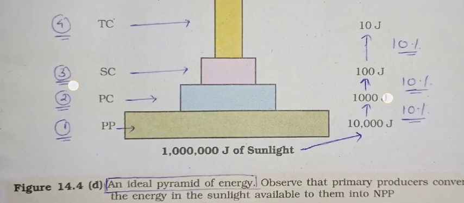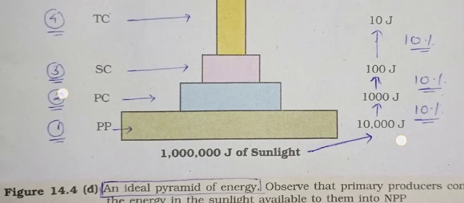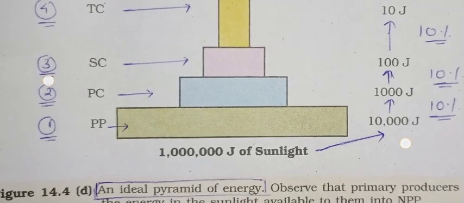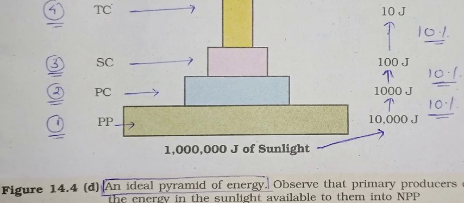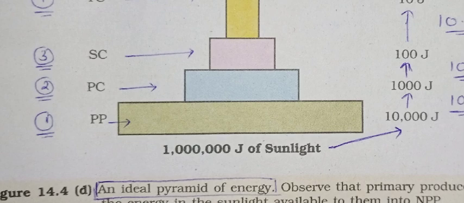Here see, we can say that a total of 10 lakh joule of sunlight is there, but producers are able to get only 10,000 joule of energy. It means producers are able to get only 1% of the energy from sunlight. It means if a total of 10 lakh joule of sunlight is there, then only 1%.